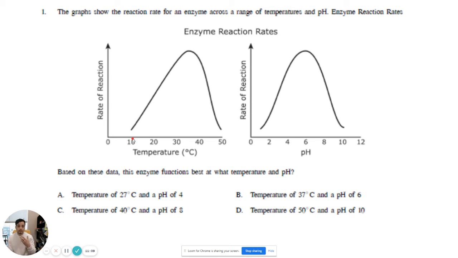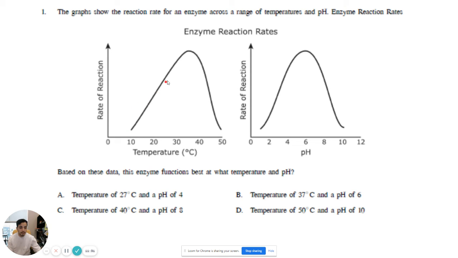Let's use all this knowledge to talk about the questions. Okay, so for number 1, flip to the questions. The graph shows the reaction rate for an enzyme across a range of temperatures and pH. Based on this data, the enzyme functions best at what temperature and what pH? So let's look at this graph.